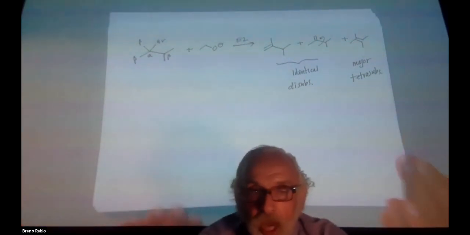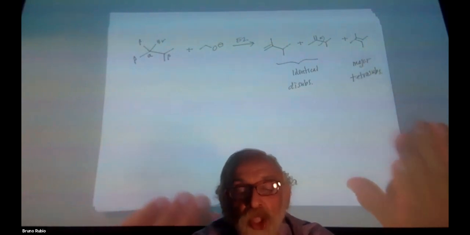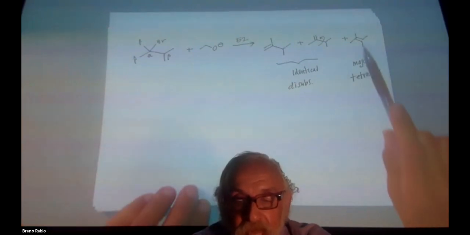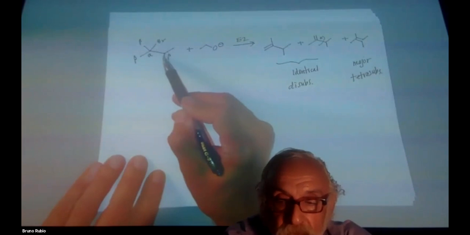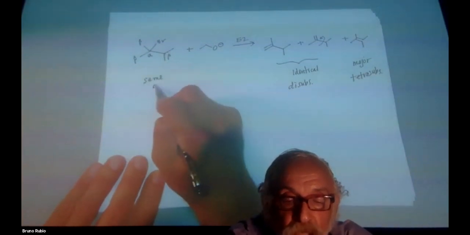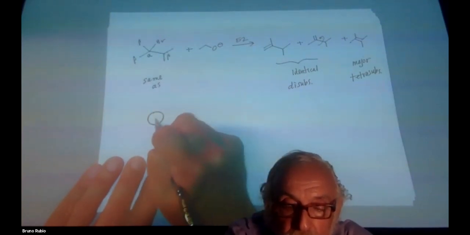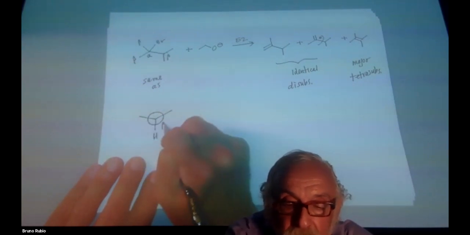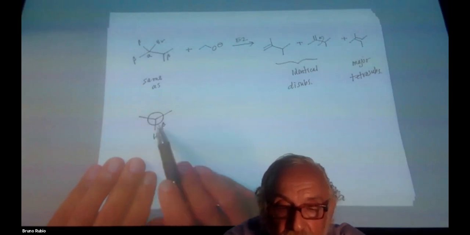Okay, now I want to address the issue about the geometry, the anti-geometry that leads to this major product. Okay, so if we look at this and we try to draw a Newman projection, what I'm going to do is put the beta carbon in the front, right? And so the beta carbon is a fishtail.